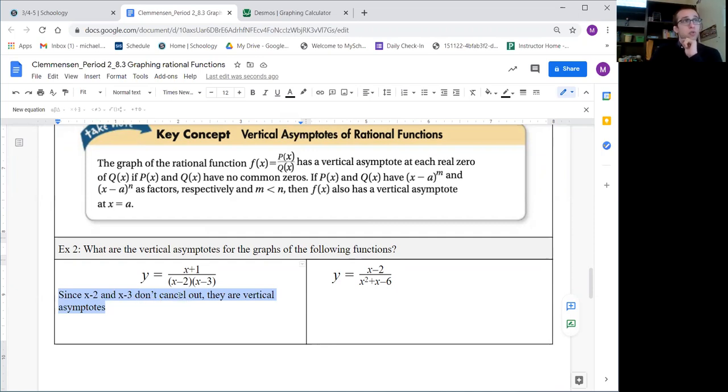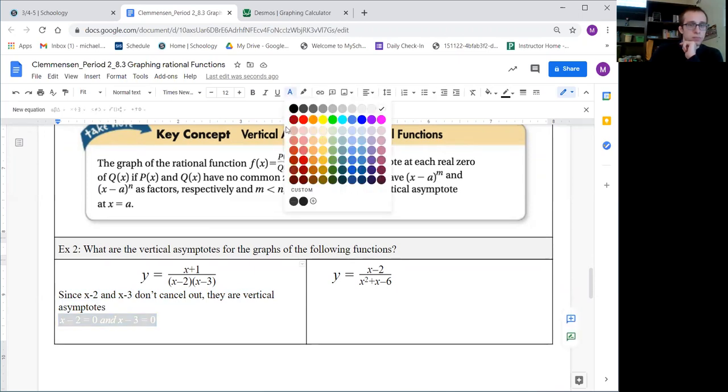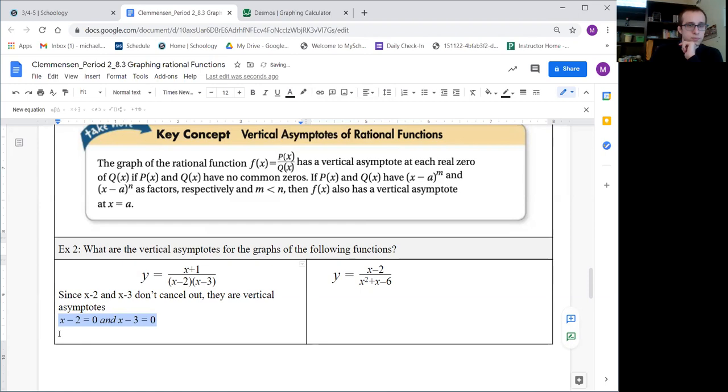Again, that's another word for non-removable discontinuity points. So now I set them equal to 0 and I solve. Finally, restate my problem, all that stuff that I told you to do, you get your answer. X equals 2 and x equals 3.